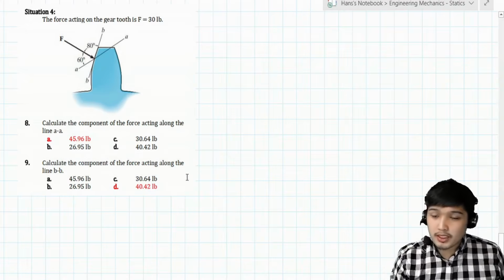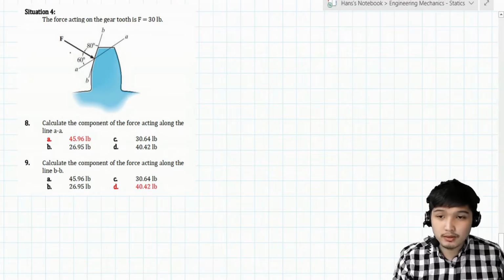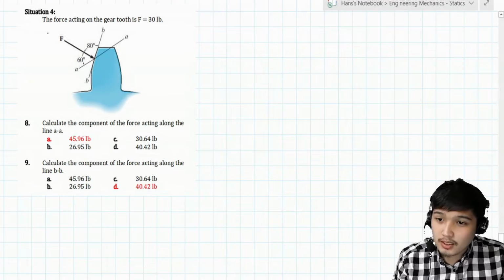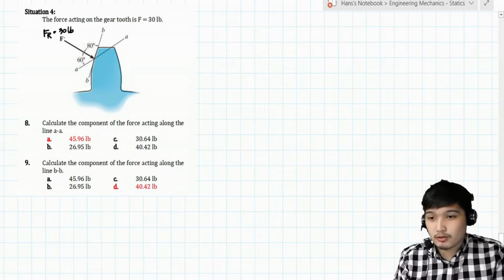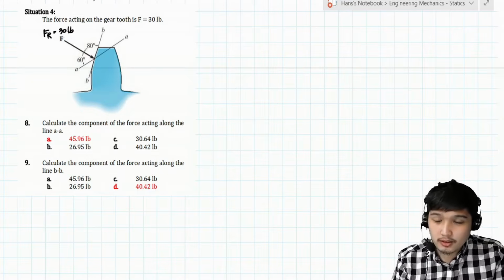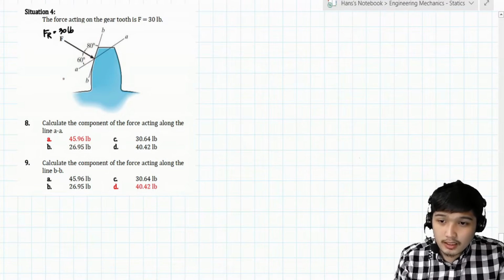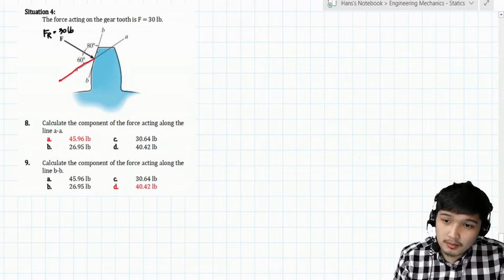So, ayun, may given force, no? Parang siya yung resultant. So tawagin natin siyang FR, which is equal sa 30 pounds. So gusto niya i-break down yung force na yan, yung FR na yan, into its component directed along AA saka BB.